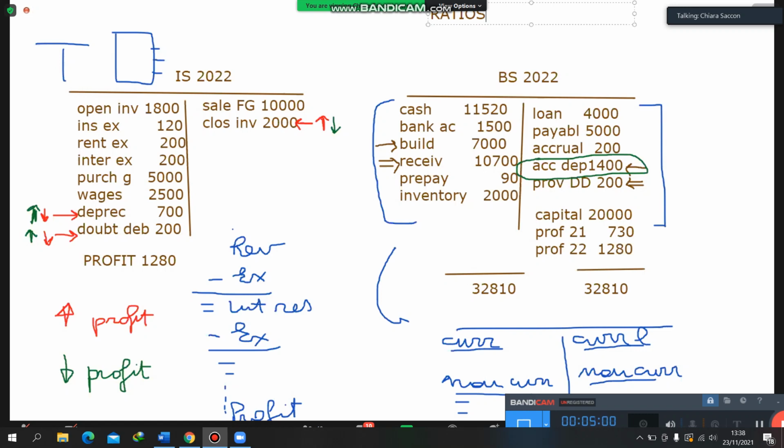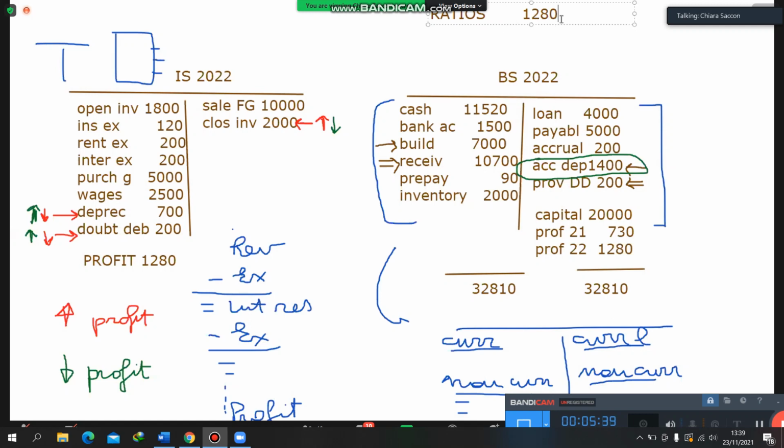Because you know that a number in isolation is not so informative. For example, when you say that the profit here is 1,280, okay, is that good or not? We don't know. We can do something like this. We can consider that number, so the profit, that is this one, and we compare it, we put in relation this amount with the amount of capital by the owner.